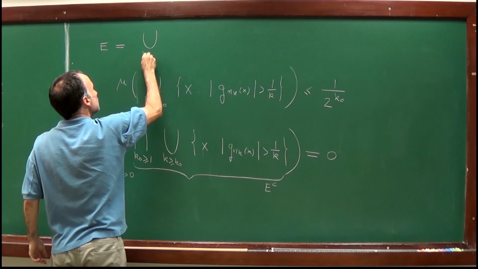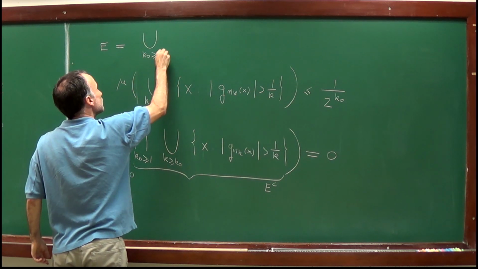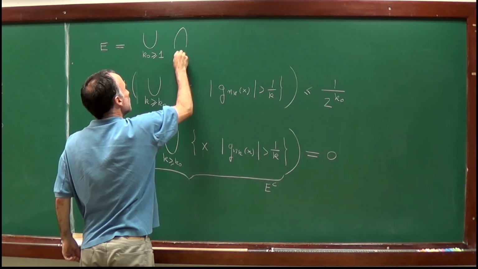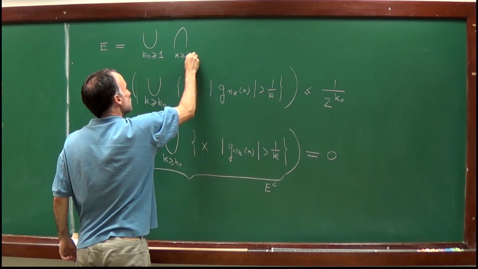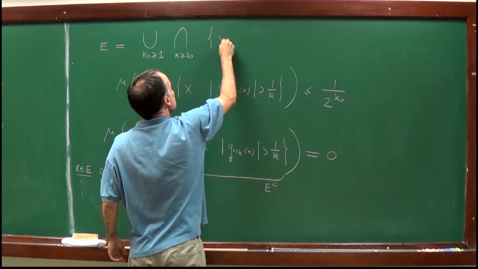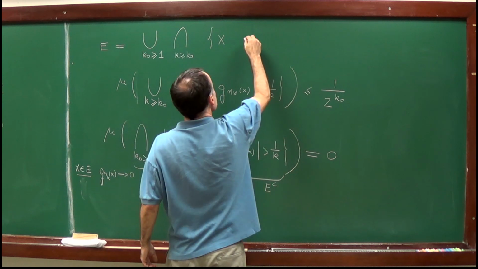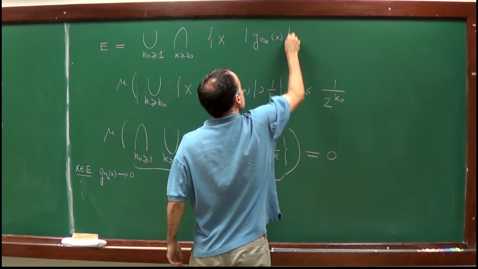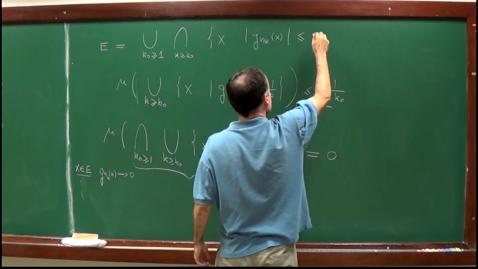So it's the union over k0 larger or equal than 1 of the intersection over k larger than k0 of the complement of this set, the points x such that g_{n_k}(x) is less or equal than 1 over k.